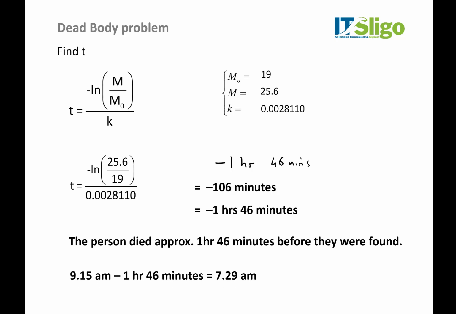It's quite a brain exercise to try and figure it out. But when you work it out, it's reckoned that the person died at about 7:29 a.m. Obviously, there's always a little bit of leeway, but you could safely say that the person died sometime around 7:30 a.m. And that, guys, is the maths that goes behind forensic science.